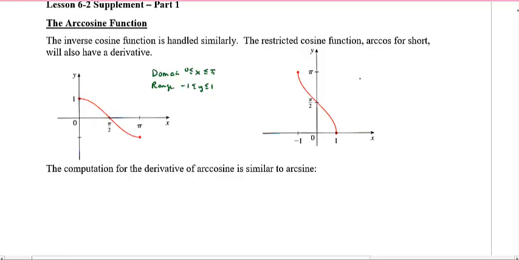And therefore, for the arccosine or inverse cosine function, the domain is now -1 to 1, and the range is from 0 to pi. So follow the same process as before, and let's see if you can figure out the derivative of arccosine.